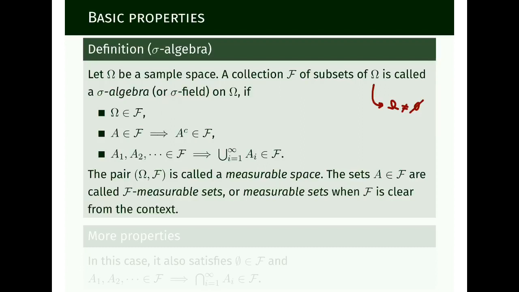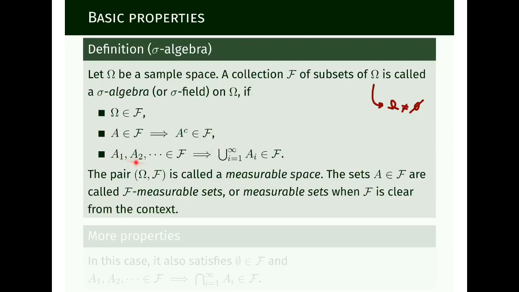And in order to be called a sigma algebra, this collection of sets must have some structure. And what structure is it? Well, first, the entire sample space omega is one set that belongs to this collection. Second, for every set A in the collection, its complement, the set of points which belong to capital omega but do not belong to A, must be in the collection.